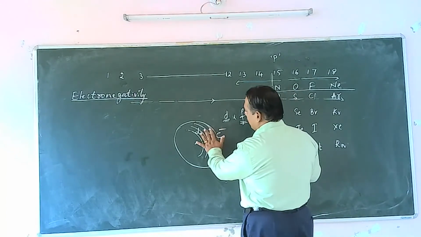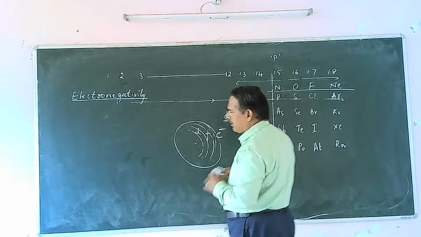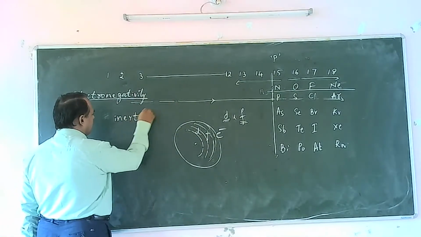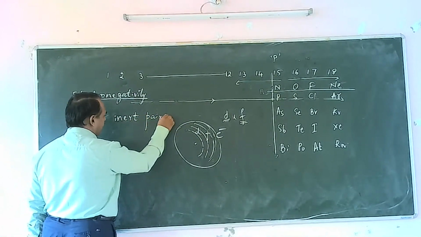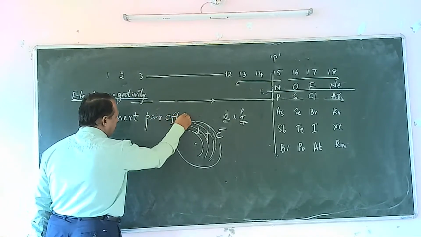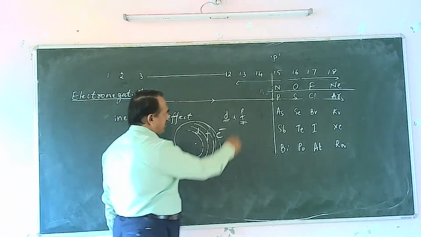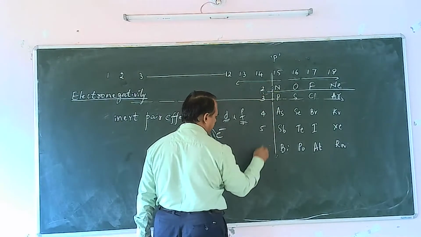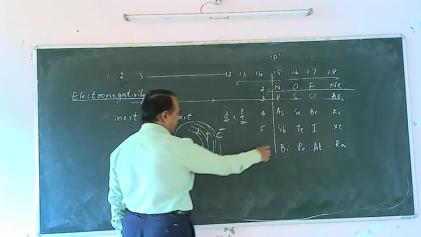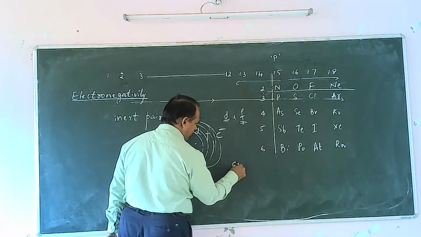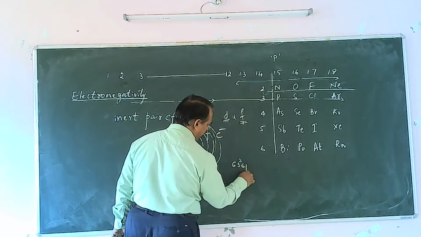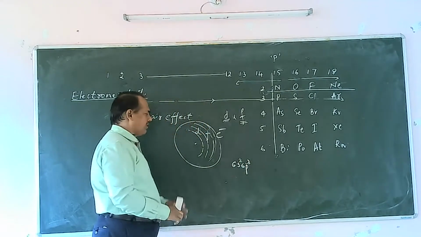Okay. Like that, you have to remember another point: the inert pair effect. Take the second period, third period, fourth period, fifth period, sixth period. Take for example this one. Its electronic configuration ends at 6s2 and 6p3.